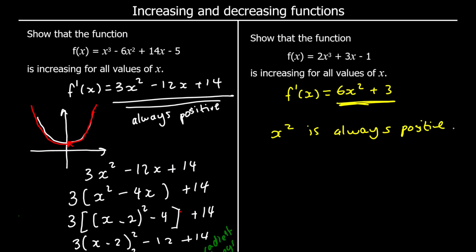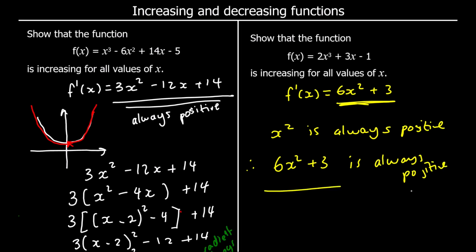Because we're squaring it. Whatever number we put in, we square. Or it could be 0. X squared is always positive. So 6x squared plus 3. If we times a positive number by 6, it's still positive.